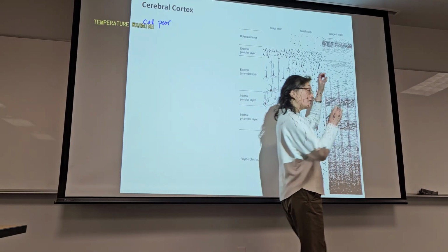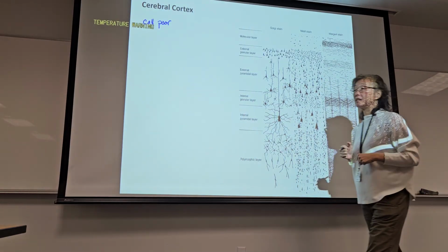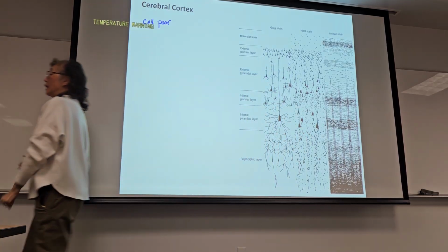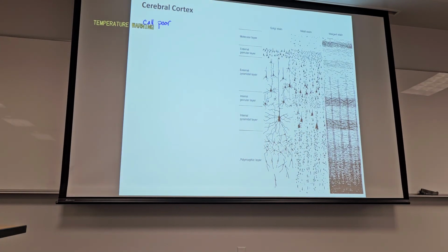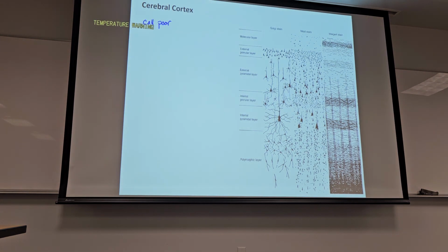The Nissl stain, a couple of little speckles, but in the Weigert stain, we see lots of traffic, lots of axonal myelin. So that's the thing to know: the molecular layer has no cells, all traffic, axons and dendrites. That's what you've got to remember. This is just a memorization task.